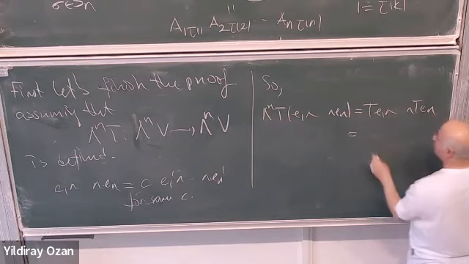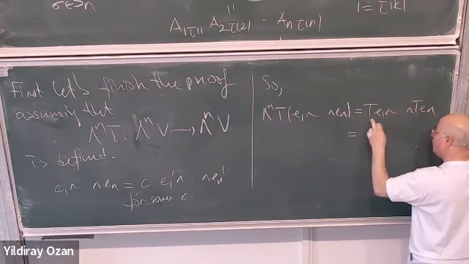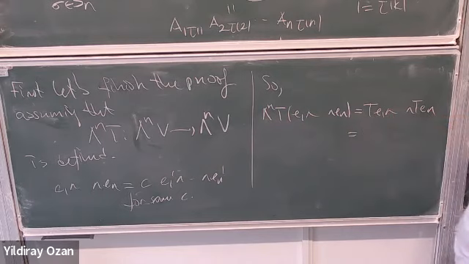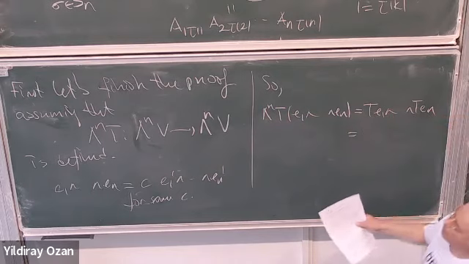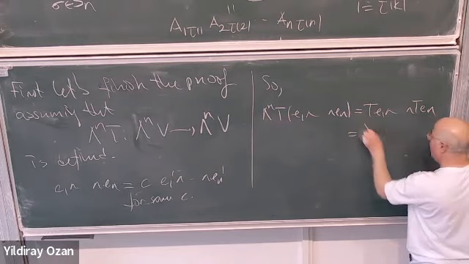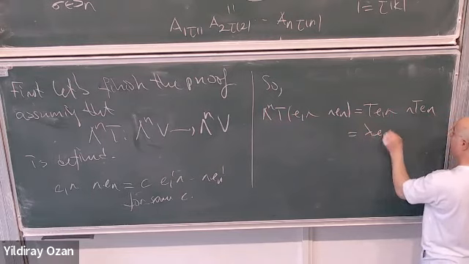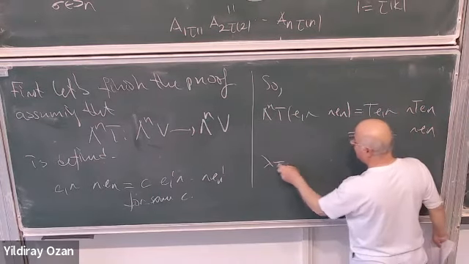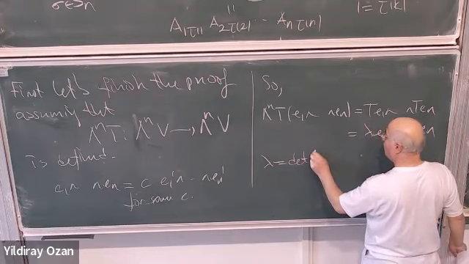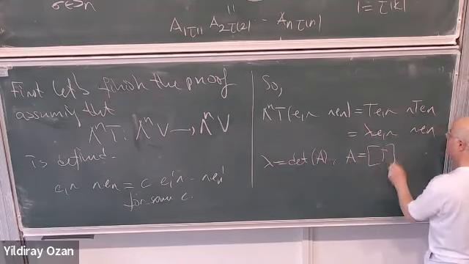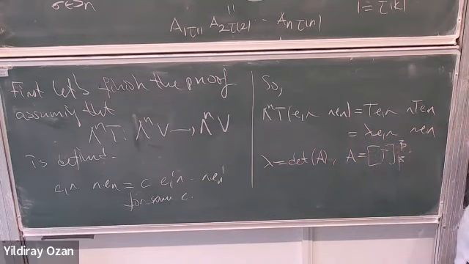So it is just lambda E1 wedge En. What is lambda here? Lambda is the determinant of A, where A is the matrix representation of T in the basis alpha.